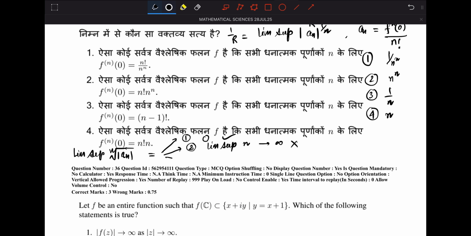This we will not take. For the third, a_n is 1 by n, so we calculate (1 by n) to the power 1 by n, and this limit tends to 1, which we will not take because f is entire and we want 1 by R to be 0. For the fourth, we calculate the lim sup of n to the power 1 by n, which also tends to 1, which we will not take.